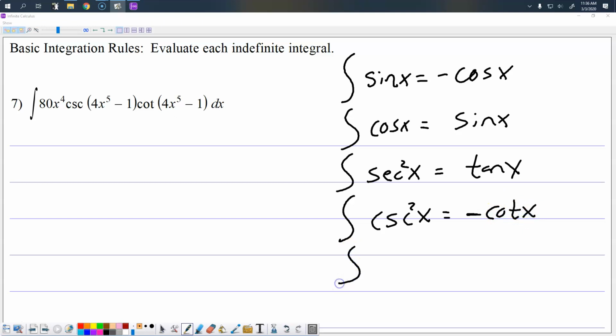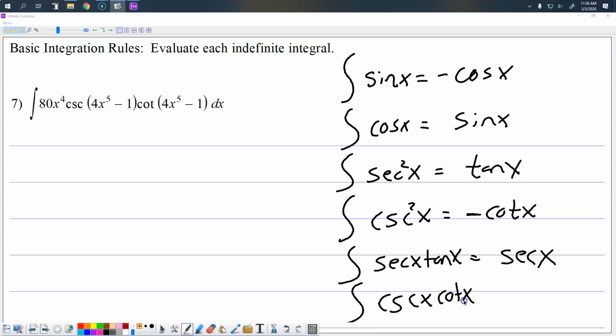And the integral of secant x tangent x is secant x. And the integral of cosecant x cotangent x is negative cosecant x. So, there you guys have it.